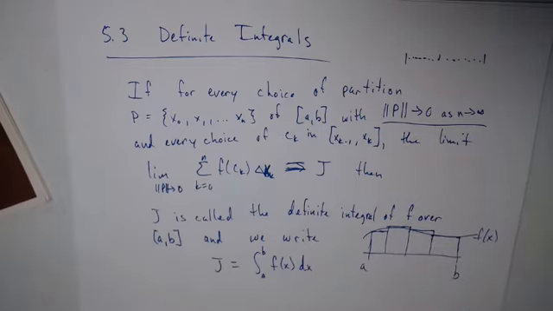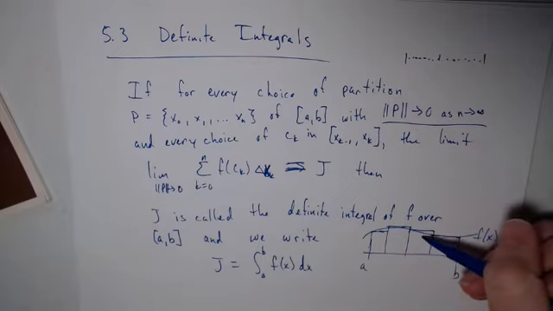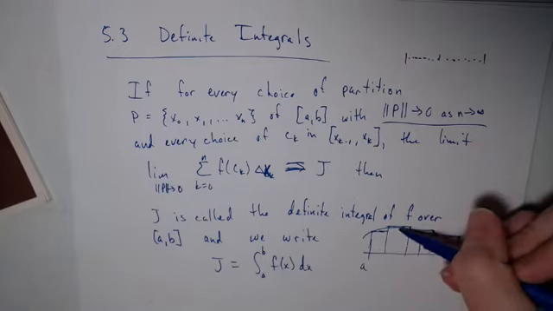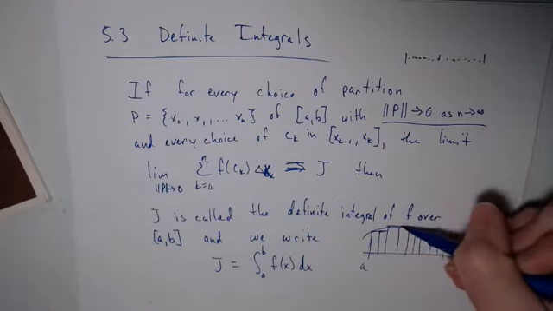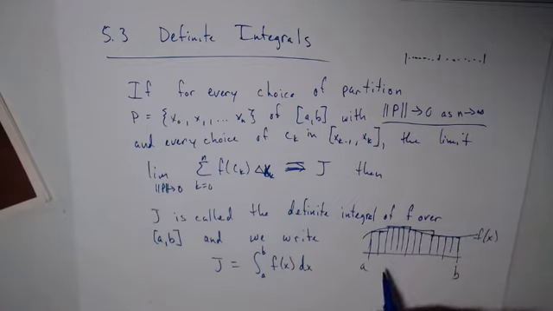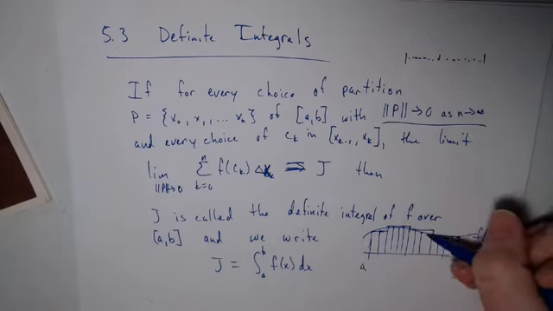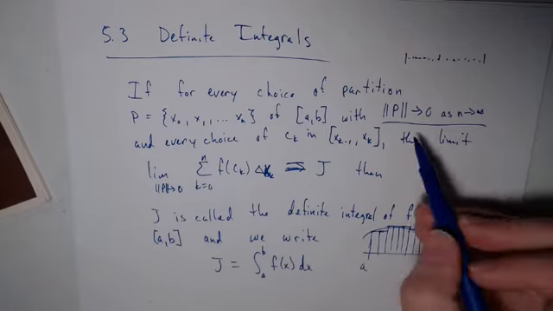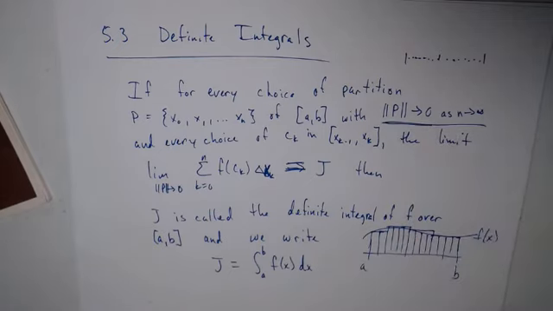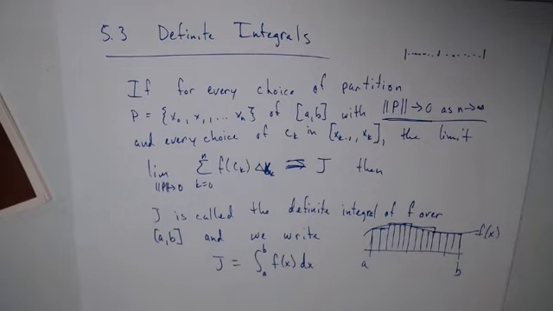That would be like what we did in 5.2, but now we're saying, let's keep letting the number of rectangles get more and more, so that the width of the widest rectangle is going to 0. That's what this symbol means. We call that the norm of the partition, but nobody's going to say that again to you until Calc 3.